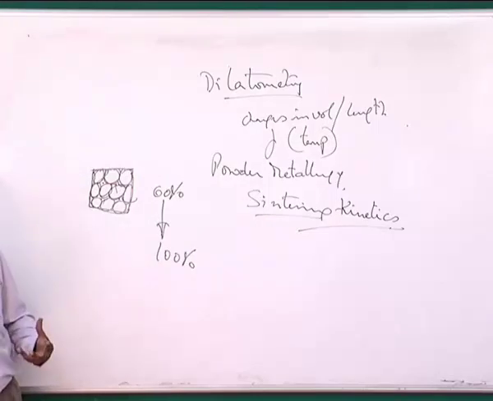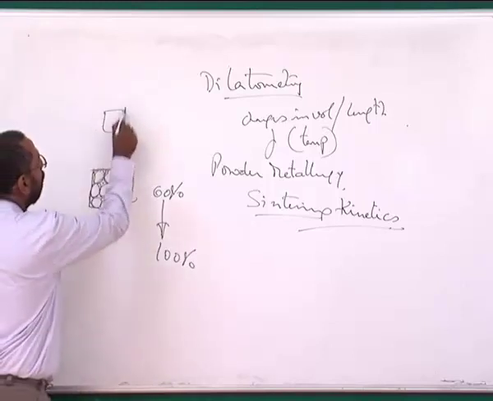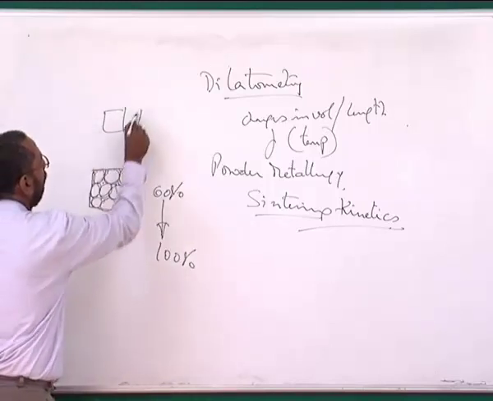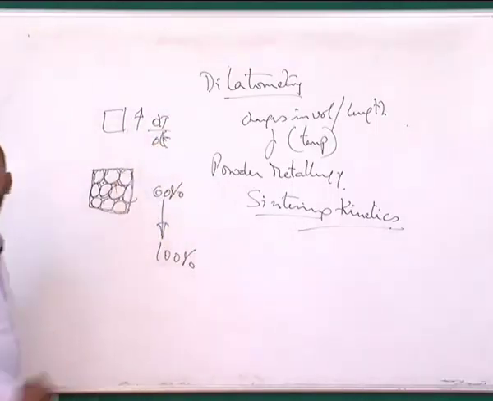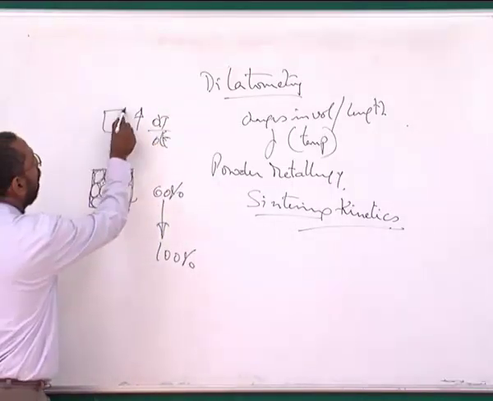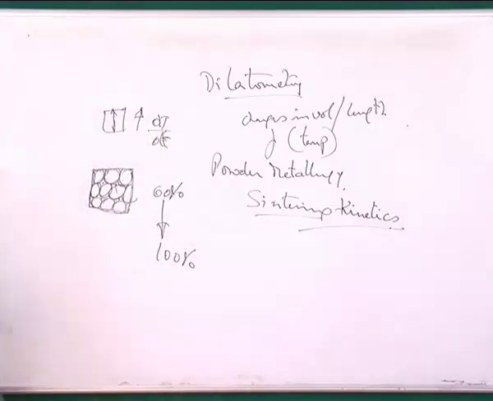I simply take such a green compact, put it into the dilatometer, where you take a small compact and heat it at a particular heating rate, dT by dt, and as a function of temperature you measure how the height of the sample is changing, and plot this.